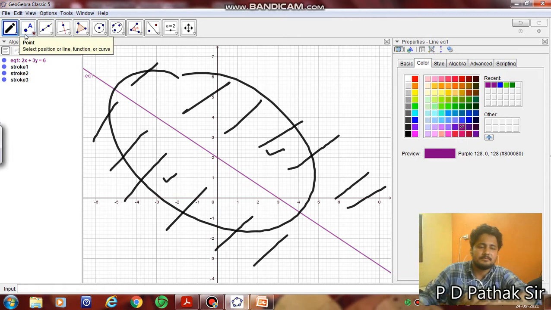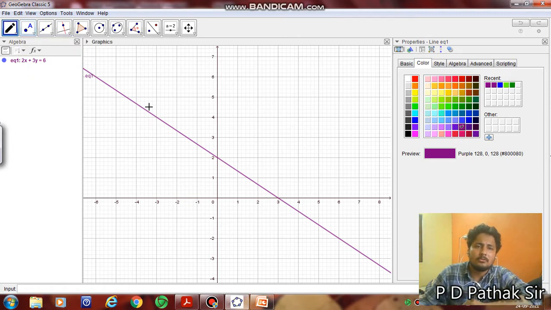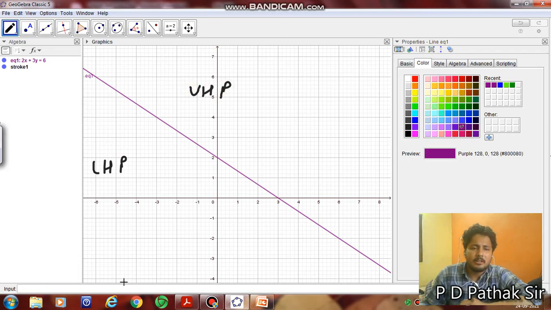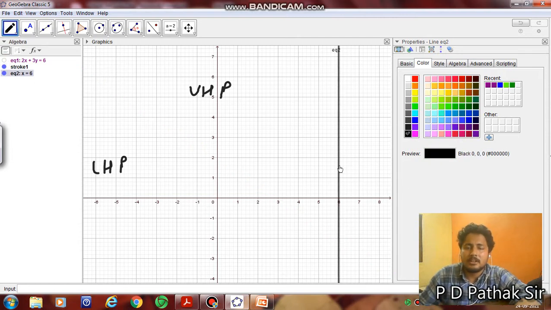Let's see on the screen. This is a non-vertical line, and this line will divide this whole Cartesian plane into two parts, and it is called lower half plane and it is called upper half plane. If I am taking a line perpendicular to x-axis, a vertical line, suppose I am taking x equals to 6. Now this is the line which is vertical.